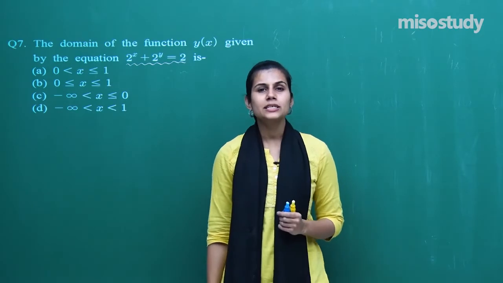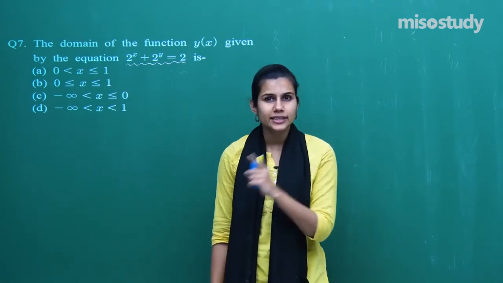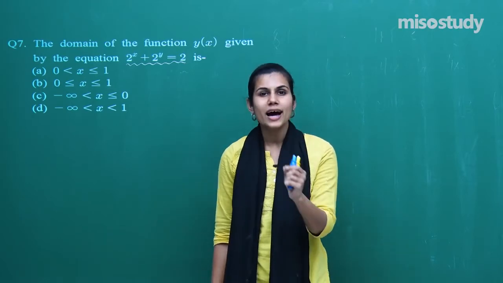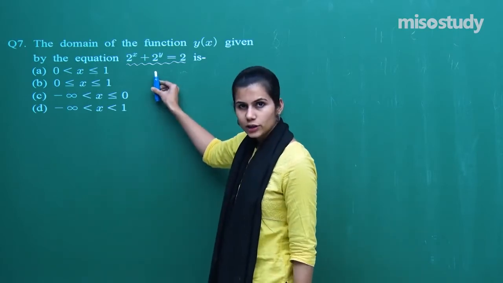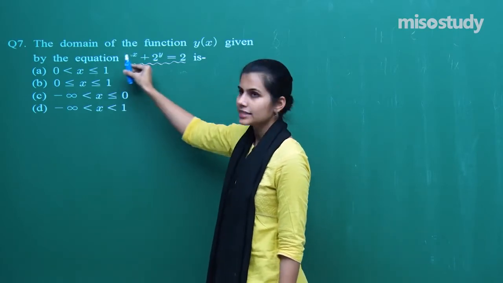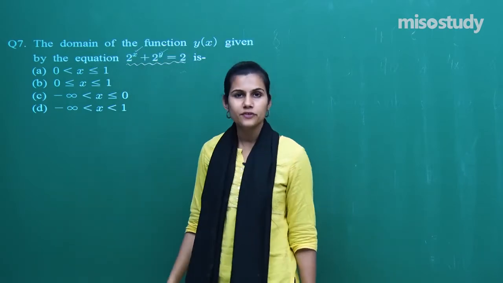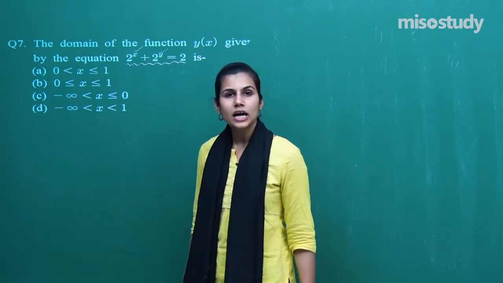Remember, we had done implicit functions in which the dependent variable was hidden in the expression and the expression was not given in the form of y equals f of x. Here it is not given in the form of y equals f of x, it is hidden in this expression, y being the dependent variable, x being the independent variable, and x standing for the input, y standing for the output.